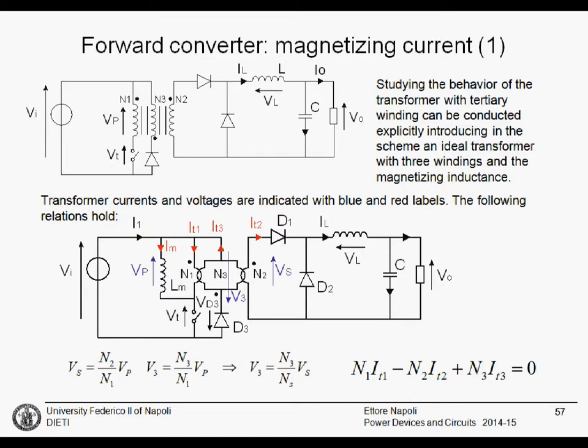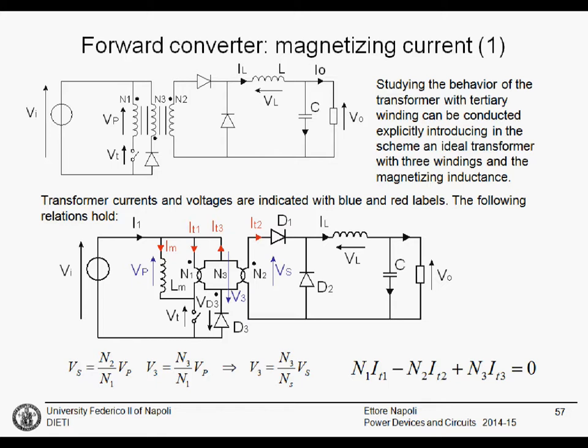In this lecture, we continue the study of the forward converter. The input to output relation as a function of the duty cycle, input voltage and transformer ratio has been studied before. It's very close to the one of the buck converter, with the only difference that the transformer ratio is involved in the input to output relation.